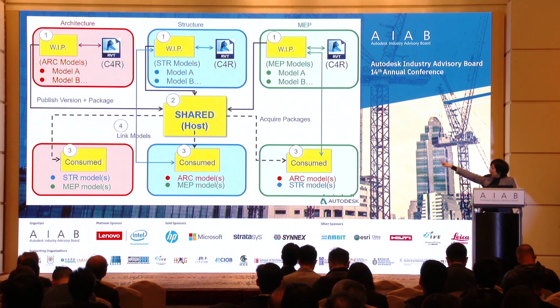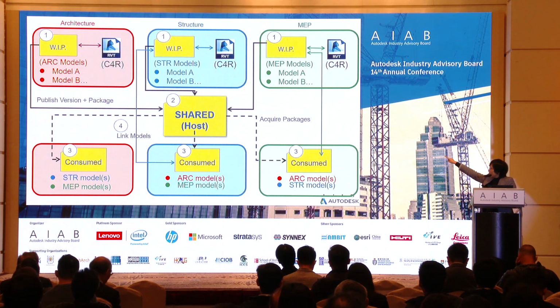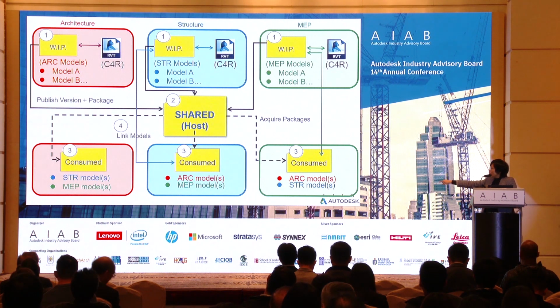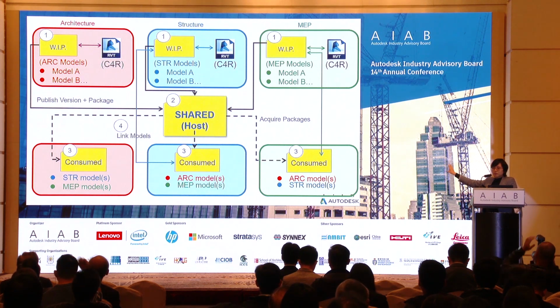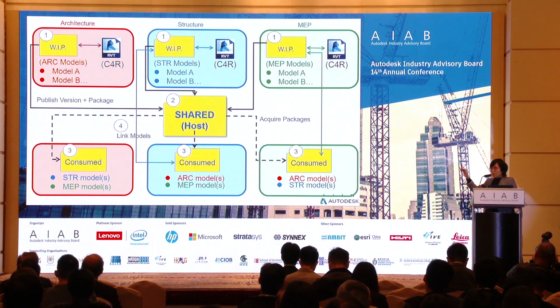The architectural model is published to the share folder, and when the structural engineers decide to consume, at this time they have at least 3 models of the same version in this BIM 360. But these 3 models are separate, with no relationship, because they belong to different teams.